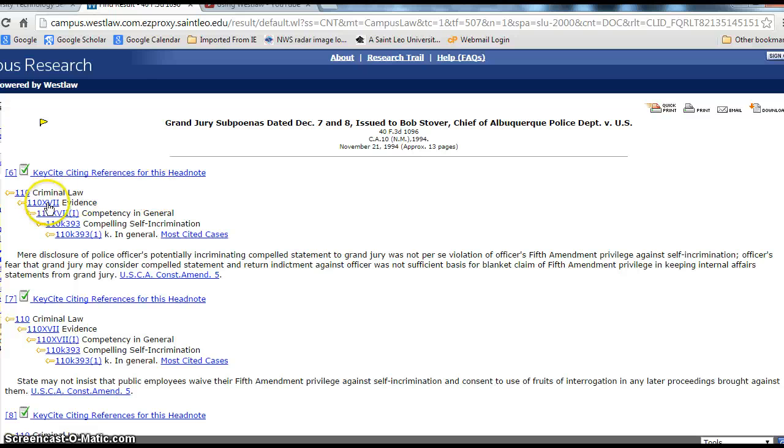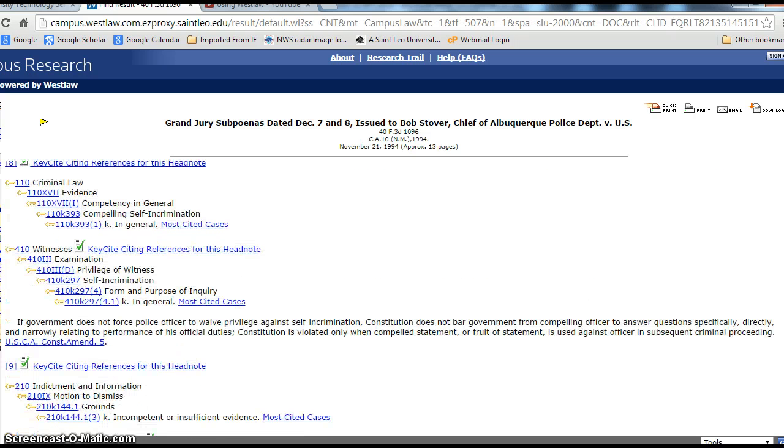Sixth, however, compelling self-incrimination. Well, if you compel someone to take the stand, they may indeed say something that incriminates themselves. So compelling self-incrimination, any headnote that has that term, that's something you want to read. So write down somewhere on a piece of paper, number 6 is important. And let's see, oh, there it is in number 7 and 8.